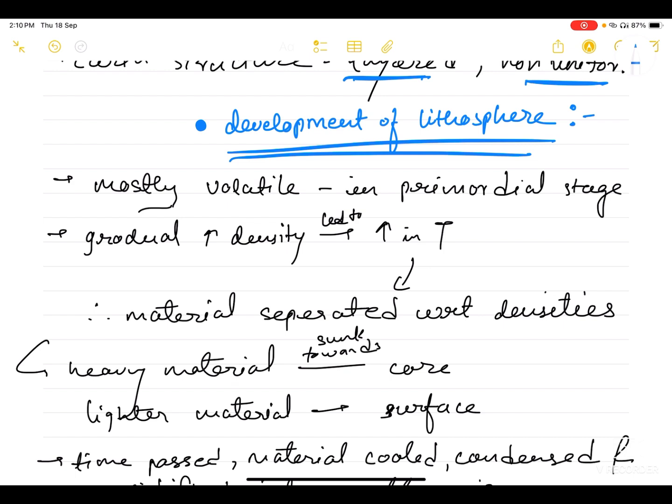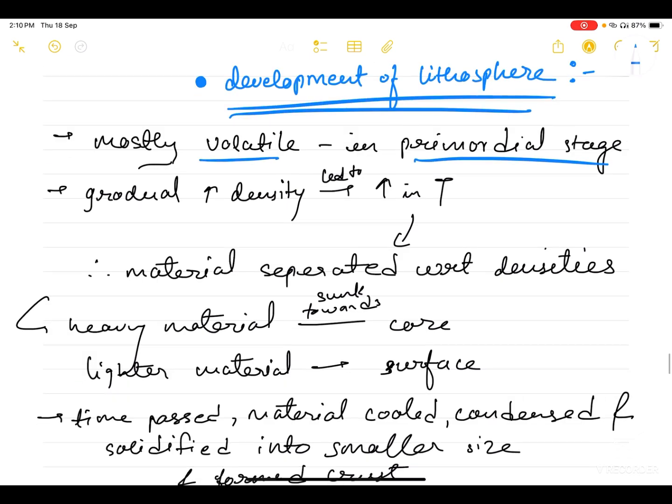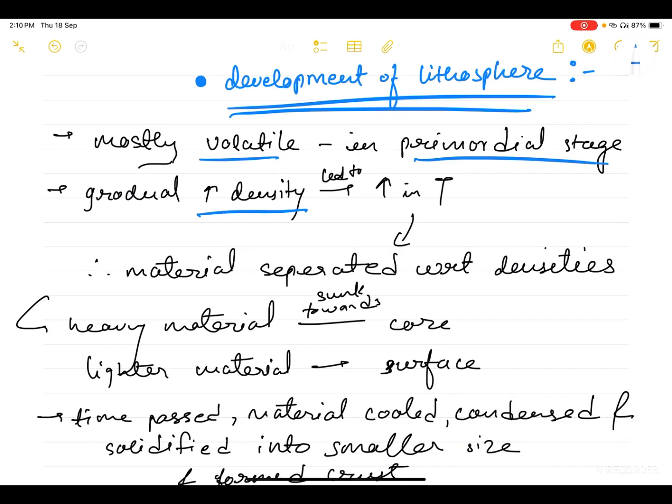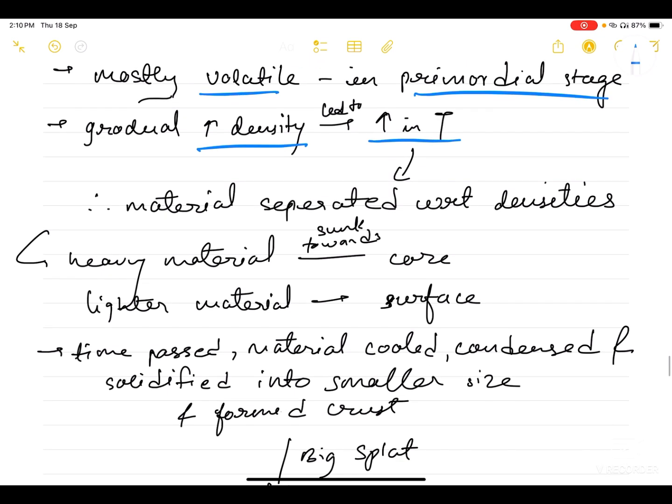In the earlier stage, that is the primordial or early stage, most of the Earth was in a very volatile state. And gradually the density started increasing, which led to a rise in temperature as well. As this happened, materials started separating with respect to their densities.